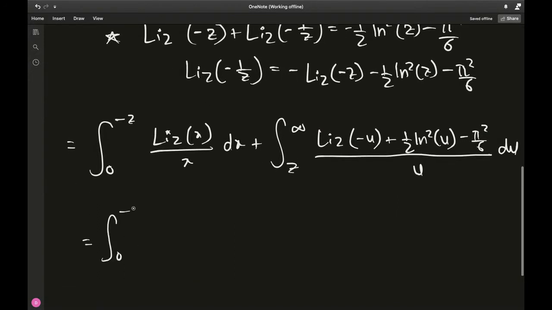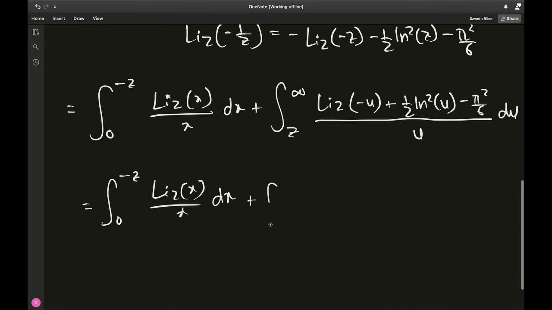And by linearity I'm going to split these guys up, and I'm going to change the u to an x.